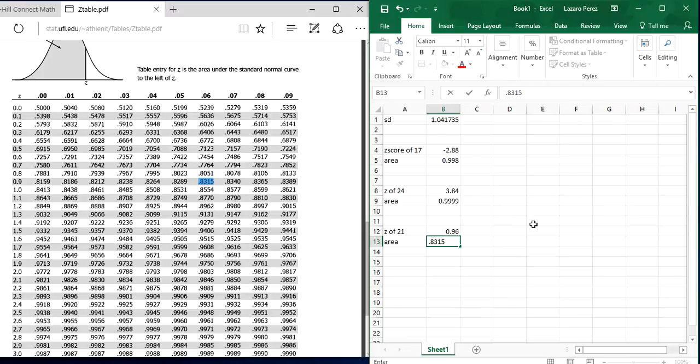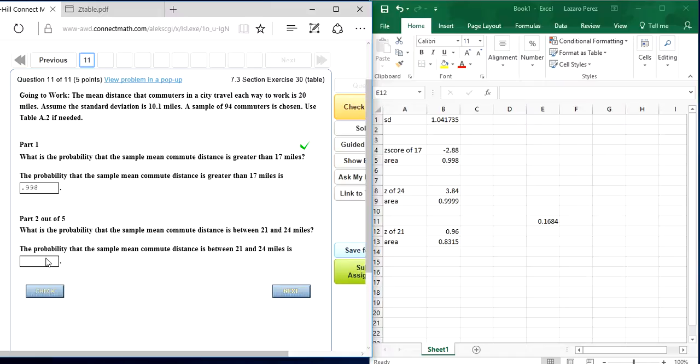Alright, so to find the area in between, we just subtract the areas: the higher area minus the smaller area gives us what's in between. So 0.1684.